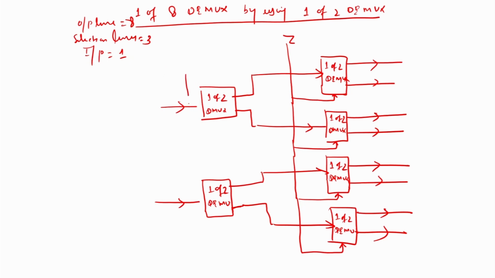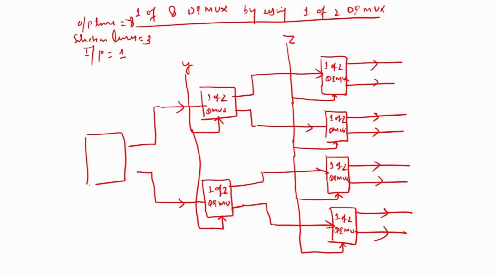Suppose this selection line is y. Here this is another input line, and for connecting these 2 input lines as an output line, a 1 of 2 demux is required, and this is the final input line. This is an input line.